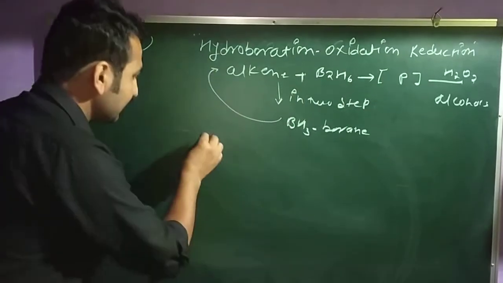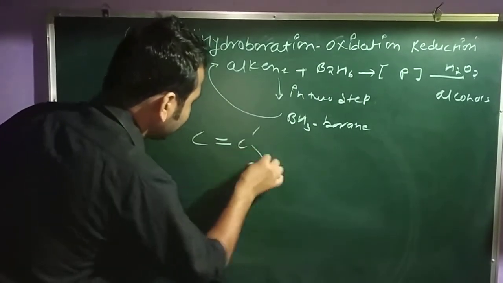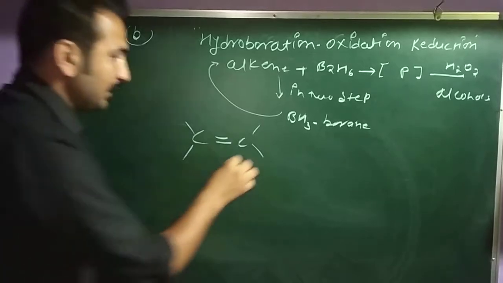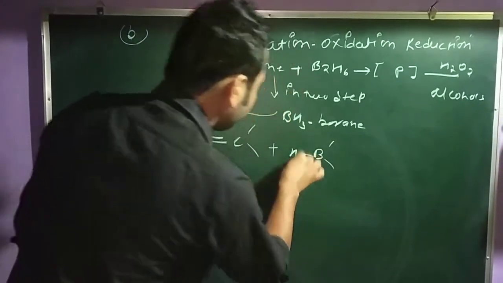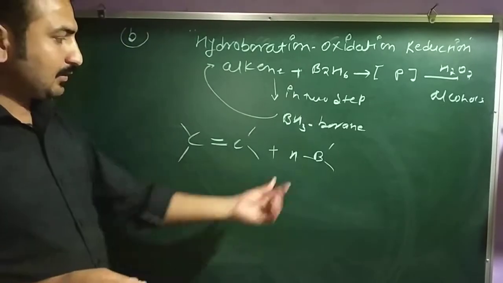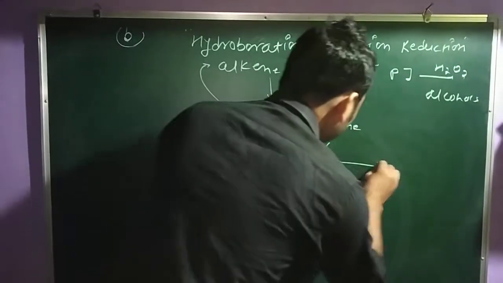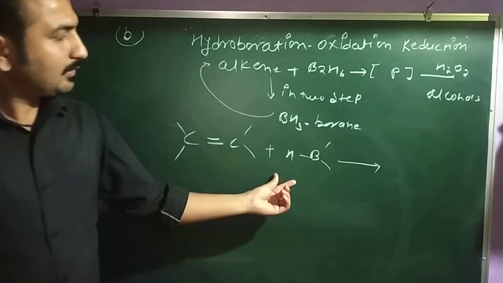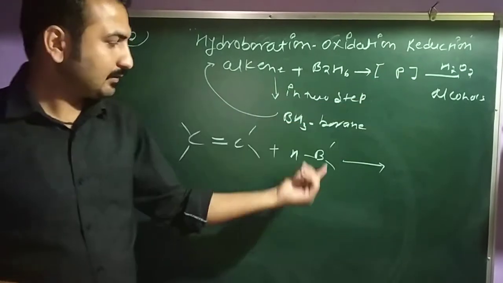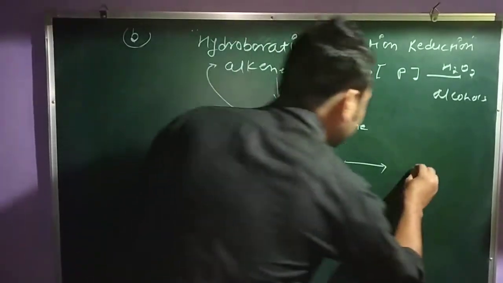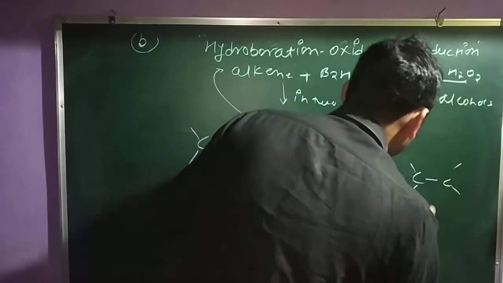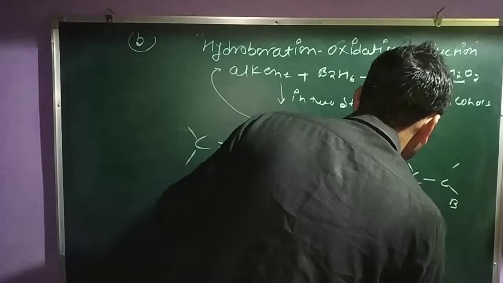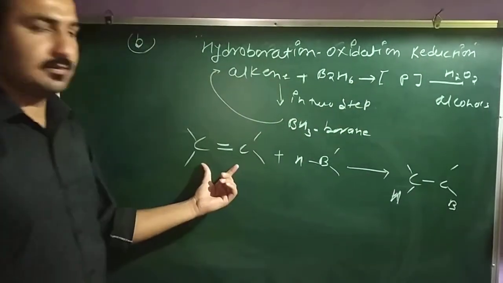Clear? How? In this manner, you have any alkene C double bond C, and here you have BH3 borane. First you have an additive product. How? This C single bond C, one H is here, one B is here.